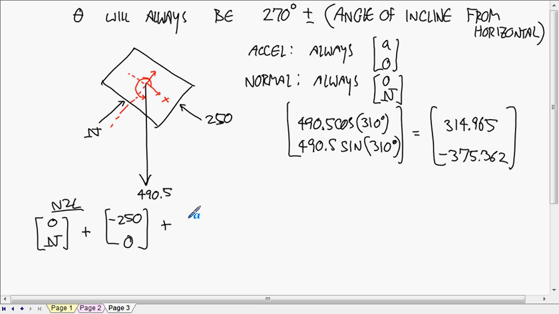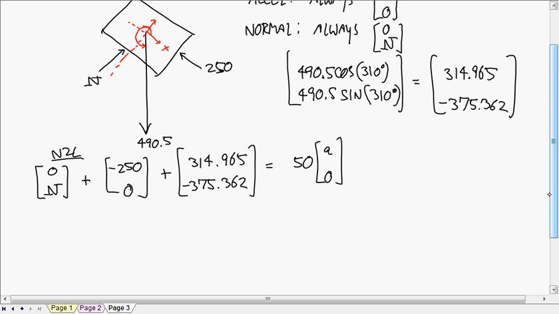So 314.965, negative 375.362. And then what's that equal to? 50, the mass, times the acceleration vector, A, 0. So we have 64.965 is equal to 50A.